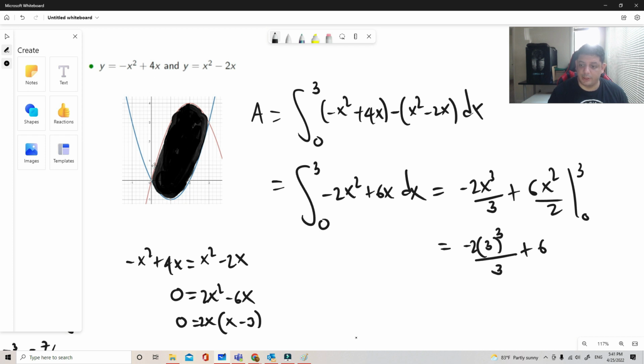So we just plug in 3 over here, and this is going to give us the total result of the area. This is going to be minus 2 by 9, as I can cancel one of the 3's over here. And this is going to be 9 by 3, which is going to be 27. So it's 27 minus 18, and the total area is going to be 9.